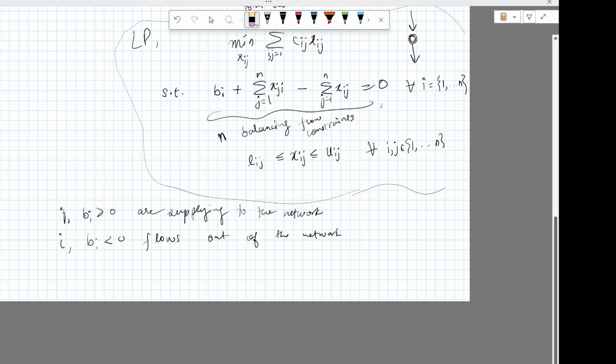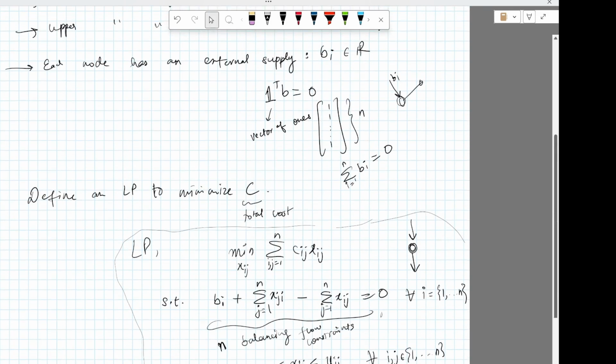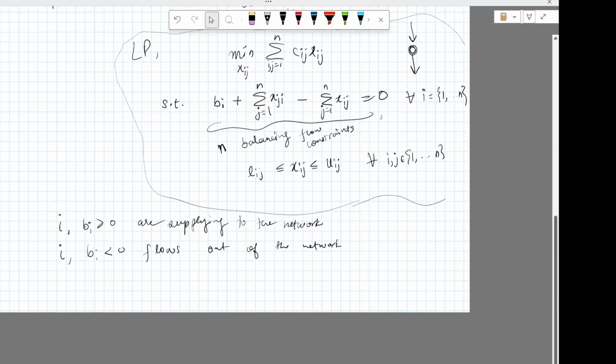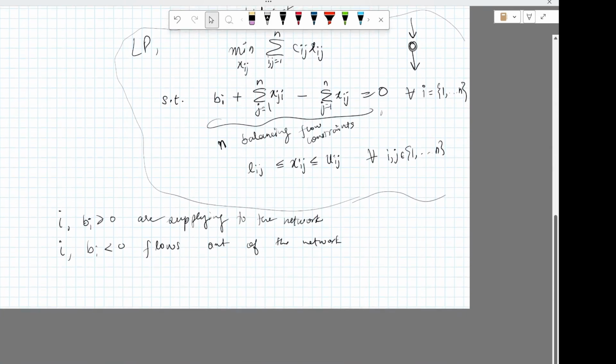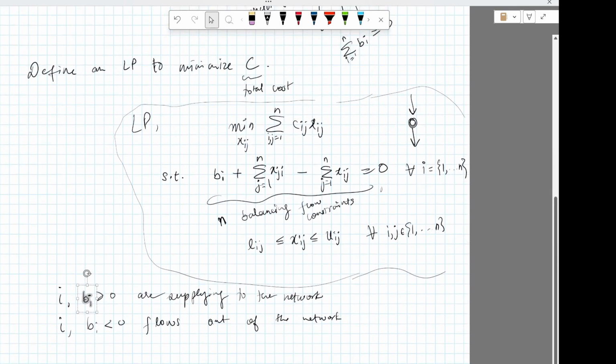And we said that summation bi is equal to 0, so the flow is balanced in this case. But we need to adjust the flow in the network across our n nodes such that the cost is minimized. So that is what this LP will solve.